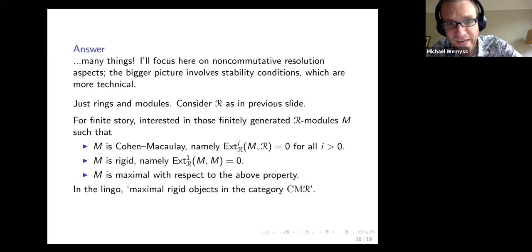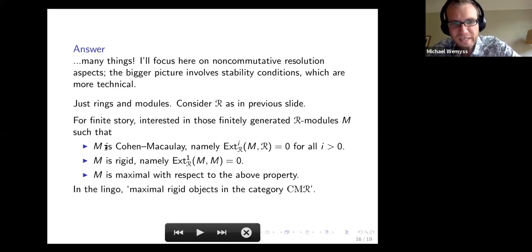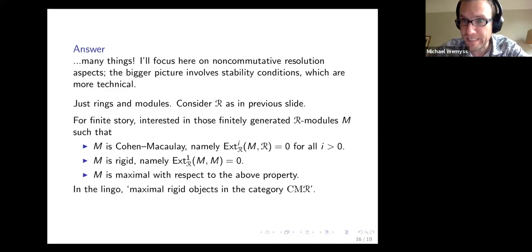It depends if we're after the finite story or the infinite story. If we're interested in the finite story, we want to know those modules M which have this rather strange Ext vanishing condition. They're called Cohen-Macaulay modules, which furthermore have this rigid condition that Ext^1(M, M) is 0. And furthermore, they're maximal with respect to this property, so that we can't add in any other module and remain rigid.